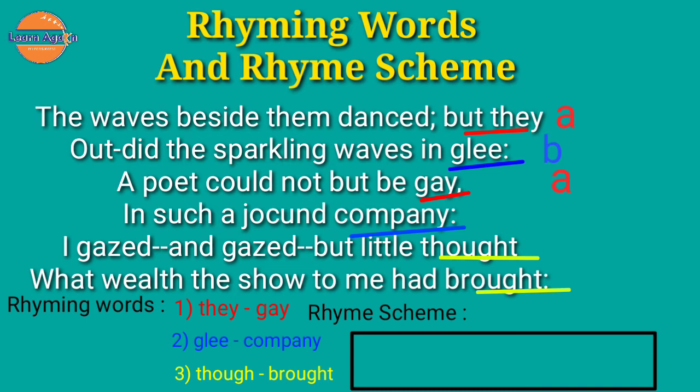Company rhymes with glee, therefore we will use the same letter B. Thought rhymes with brought, here we will write C. Now we have the rhyming scheme of this stanza, that is AB, AB, CC.